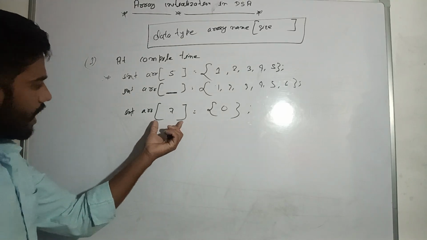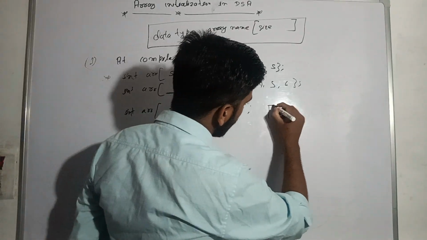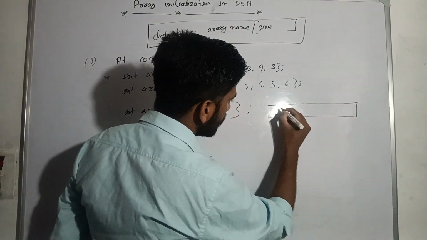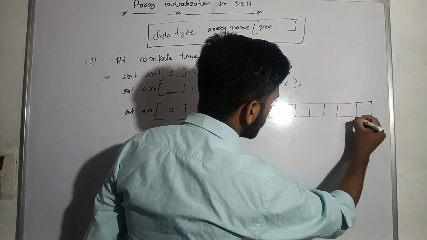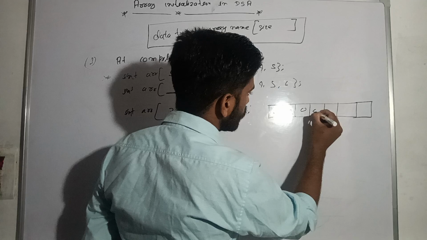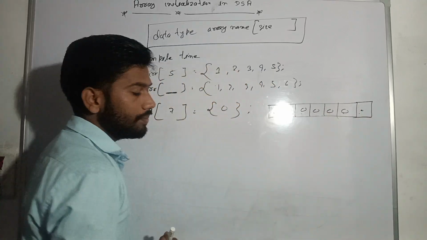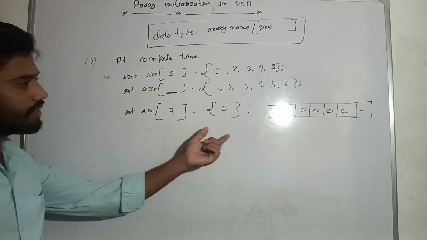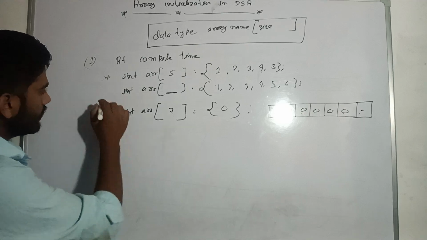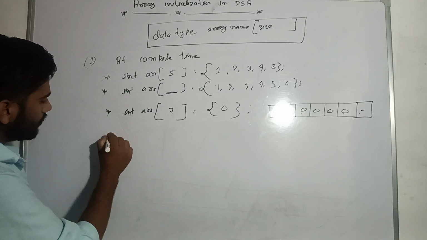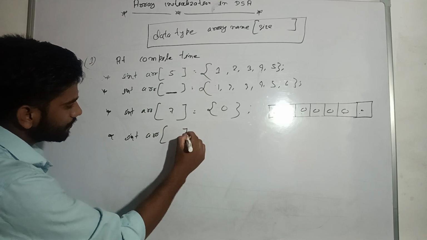Here the size of the array is 7, and all blocks of the array are initialized with 0. All the elements will be initialized with 0.